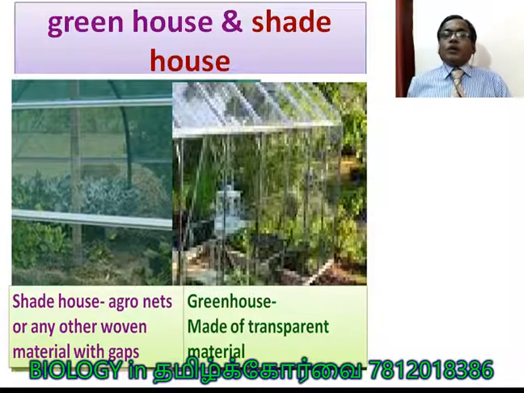That is the reason why you would have learned in ecology the greenhouse effect. But if you take the shade house, it is covered by agronets or any other woven material with gaps so that the air and moisture can be easily exchanged with the surroundings. That is the difference between the greenhouse and shade house.